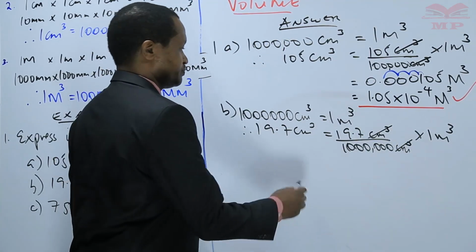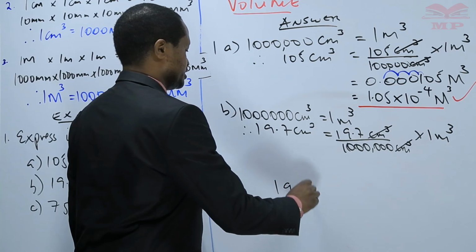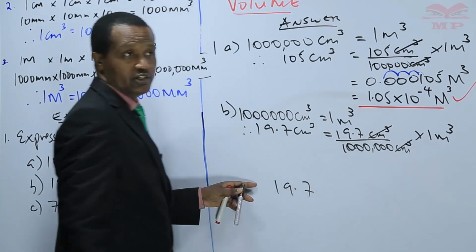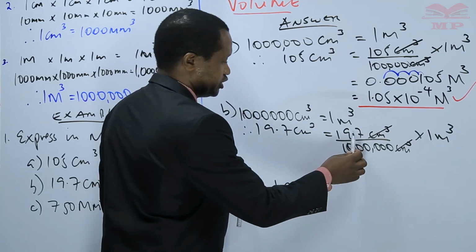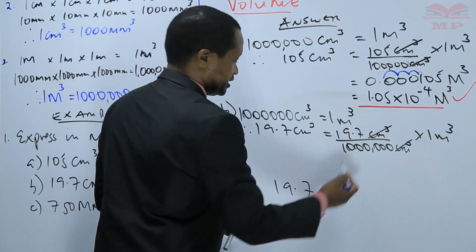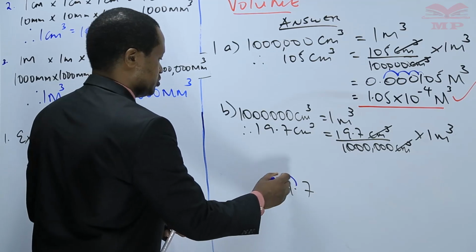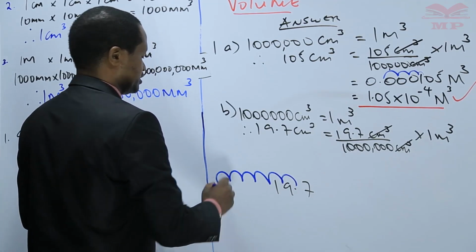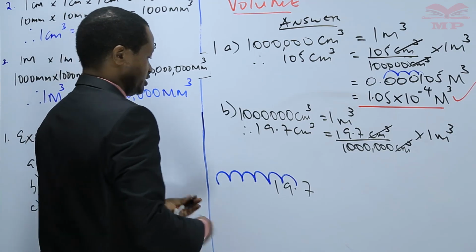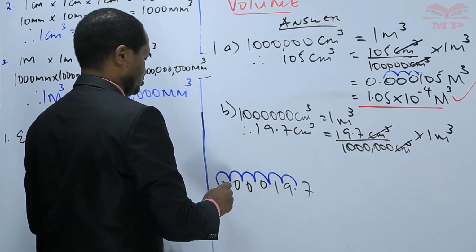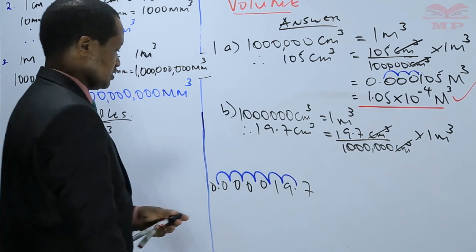So we'll have 19.7. Because we are dividing by 1 million, which has 6 zeros, we move the decimal point to the left 6 times: 1, 2, 3, 4, 5, 6. Then we insert zeros, and we have a decimal point right over there.